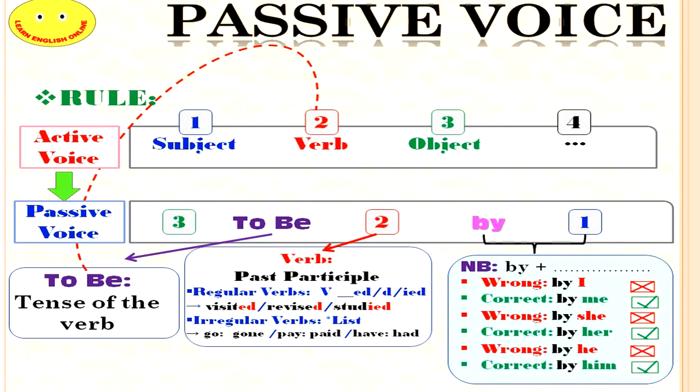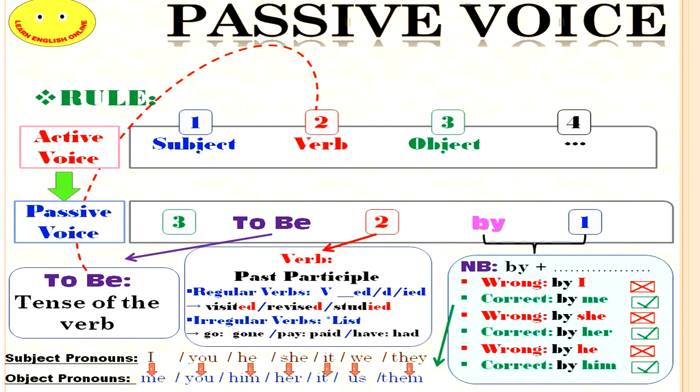We can say by he, but we say by him. Okay? So, I is what? It is a subject pronoun. When we have subject pronouns, most of them, they change. So, by plus, we need an object pronoun. So, if we have I, it becomes me, by me.